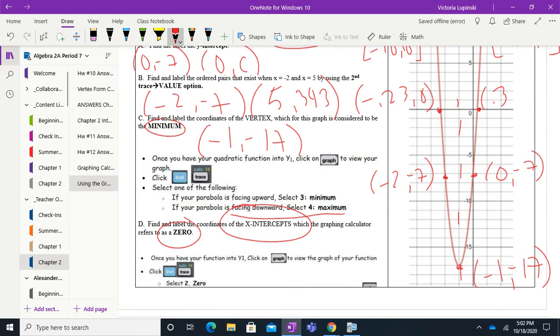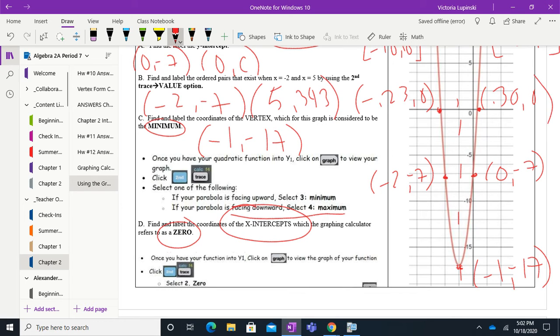And those two answers should always have a relationship because, again, they should always be symmetric over the axis of symmetry. So the fact that it's negative 0.23 and, I think it was negative 2.23. Sorry about that. Oh, no. Negative 2.30. Sorry.